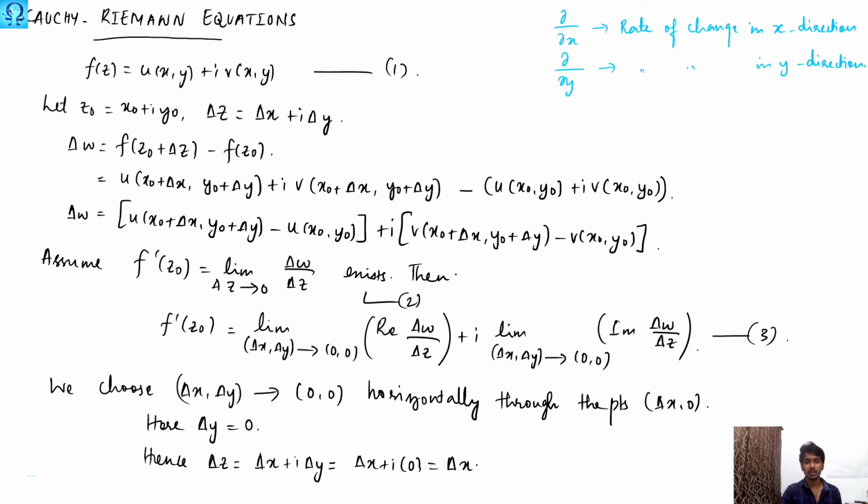Now what we have done is that we have seen the change horizontally. Now we are about to see the change vertically. How to do it? Let us see.